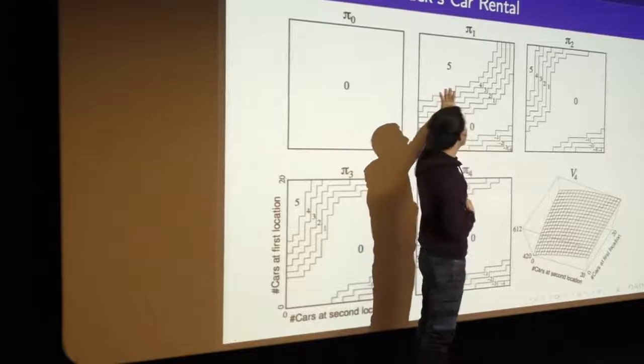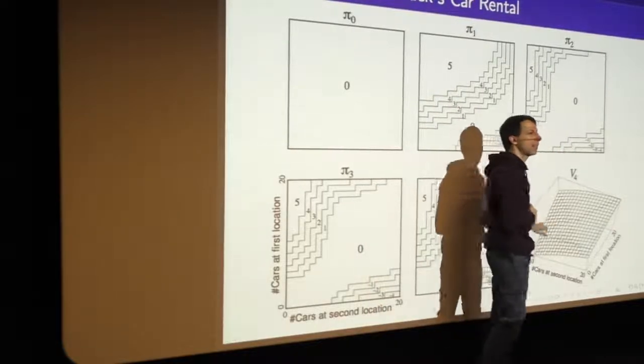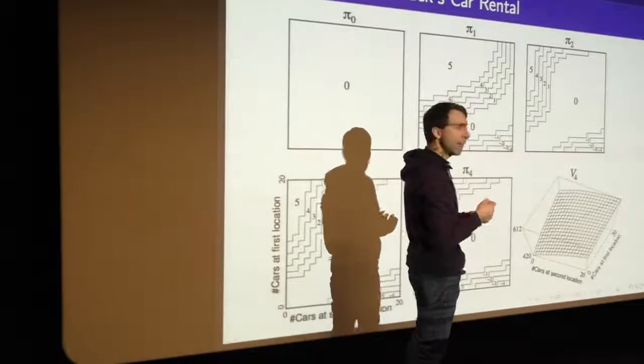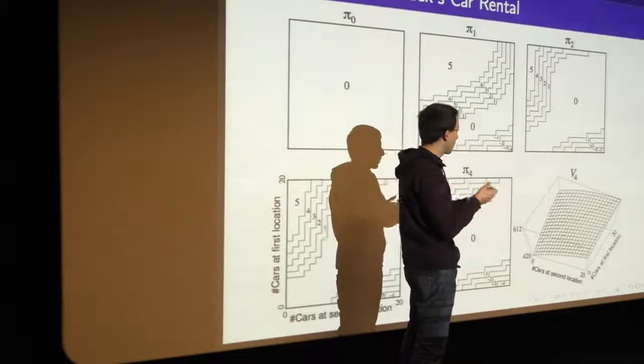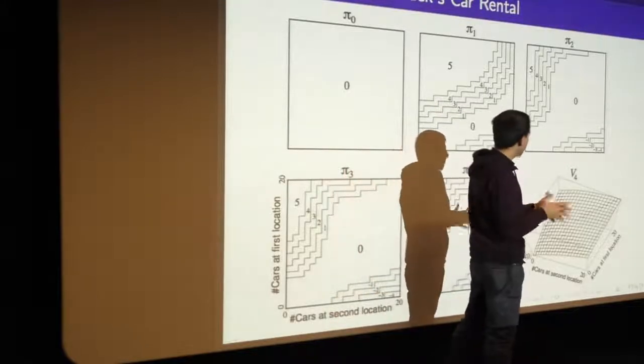So what we do is we evaluate this policy now, we come up with a new value function that looks something like this, and we act greedily with respect to that new value function. So again we do a one-step look ahead, given that we think customers are coming in at a particular rate, we figure out which action is going to be the best.